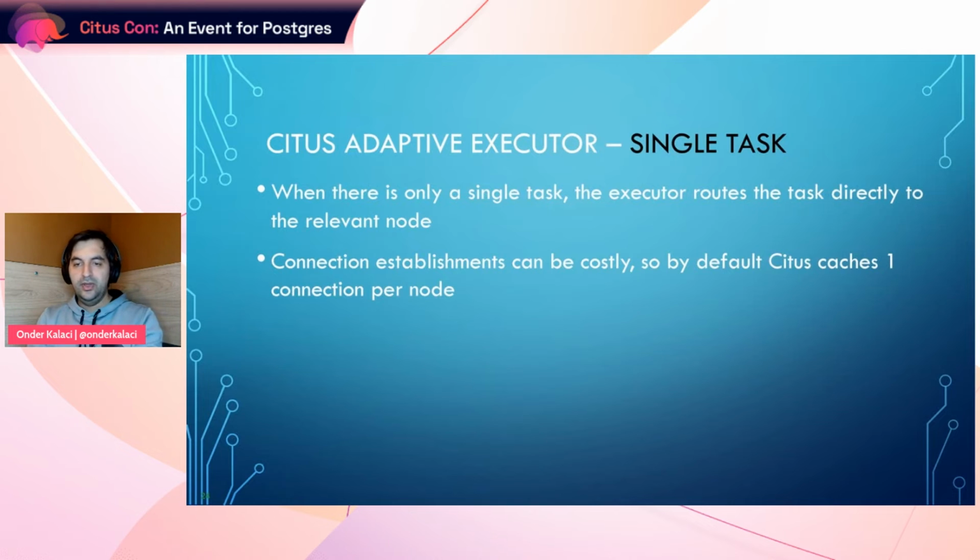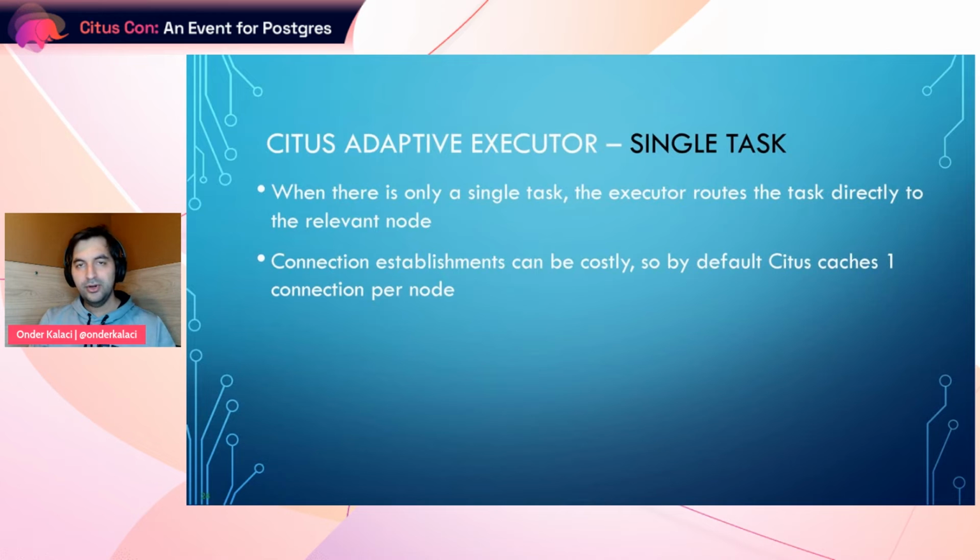Again, some distributed plans consist of a single task and some of multiple tasks. Maybe I can explain why we call this executor an adaptive executor: because the executor is smart enough to adapt to different workloads.